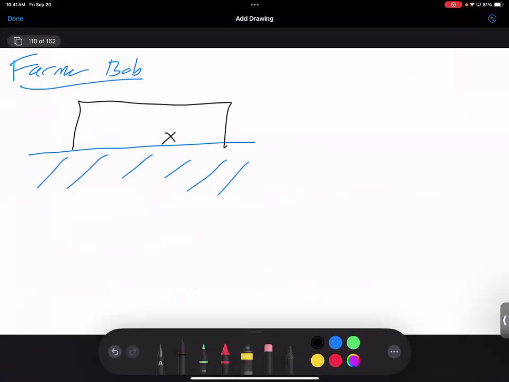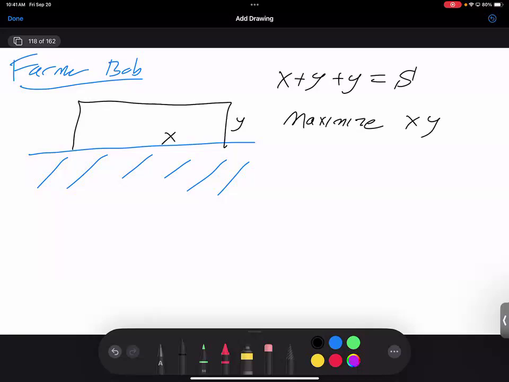And so Farmer Bob has a fixed amount of fence, and he wants to maximize x times y. Do you think you could solve this problem? How would you solve this problem?